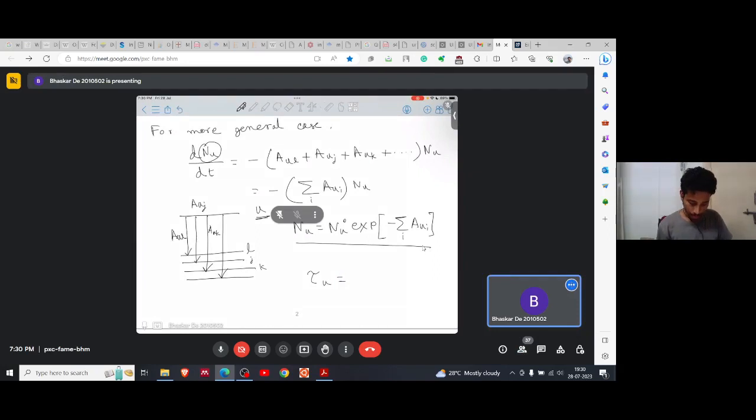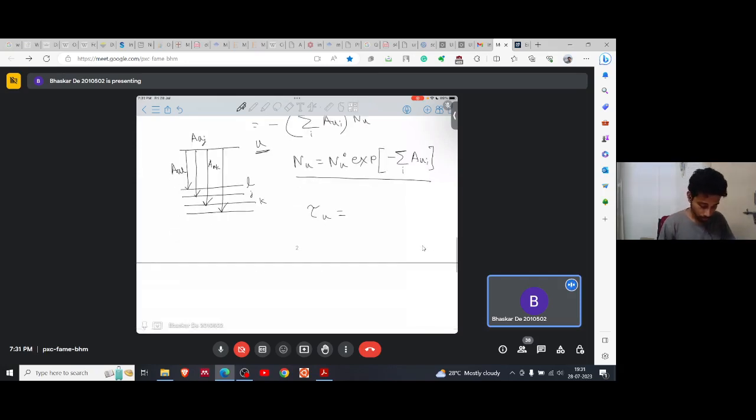So A_ui is the decay rate at which the population is being transferred from level u to i, and this is a property of a particular transition. Okay, so A_ui is a property of a transition, but tau, that is the lifetime, is a property of a state.